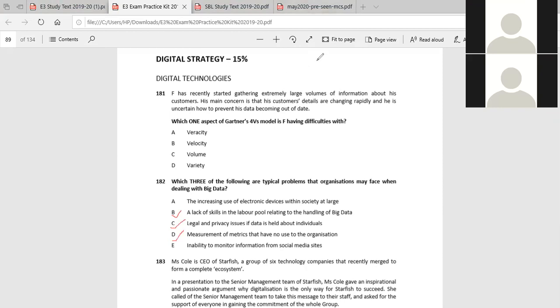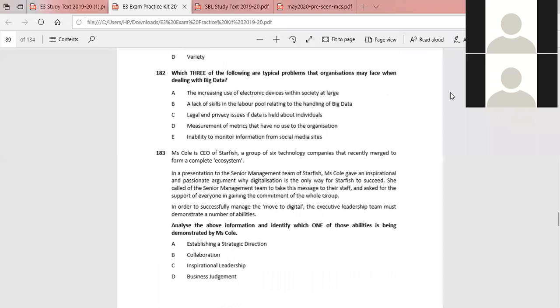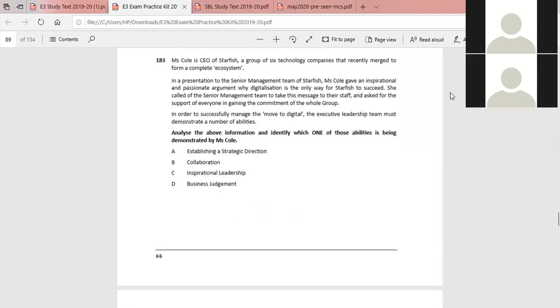Then we have question number 183. Ms. Cole is CEO of Starfish, a group of 6 technology companies that recently merged to form a complete ecosystem.